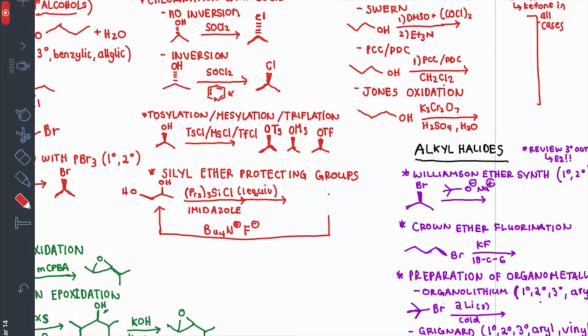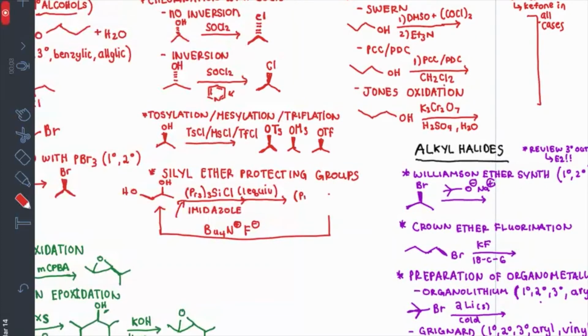Okay. Now we have silyl ether protecting groups. And so essentially we take this protecting group right here, the silicon chloride, essentially. And so we're going to attack the least substituted because of steric hindrance, okay? And so we just essentially replace the chloride on that silicon molecule with the oxygen, okay?